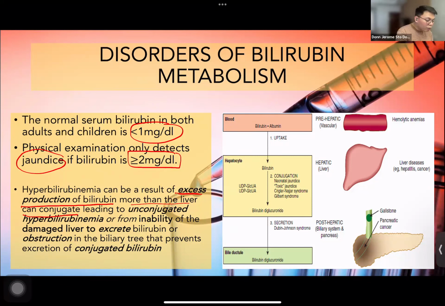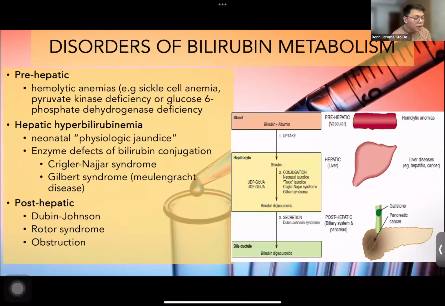Or from the inability of the damaged liver to excrete bilirubin. Mismo yung liver mo ang may problem, a problem in conjugation of your bilirubin. Or after may conjugate ng liver, you have obstruction in the biliary tree that prevents excretion of conjugated bilirubin.